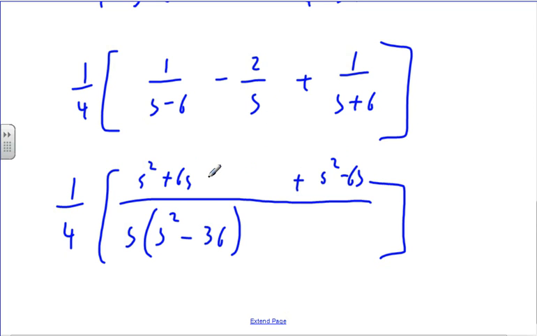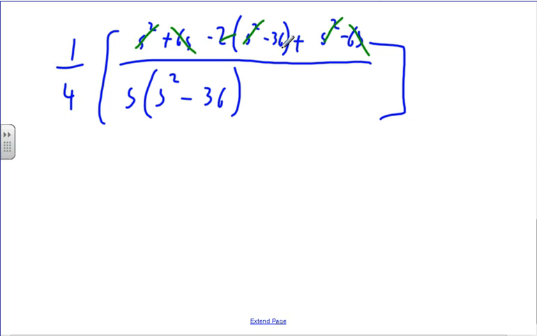And then here I've got minus 2 times s squared minus 36. All right, well, let's see. So I got plus here, minus there. They go away. I got 2 of these, and that one goes away. And all I have is a minus on top. So it looks like I'd end up with, and 4 goes into 36 how many times? So I'd have 9 over s squared minus 36.